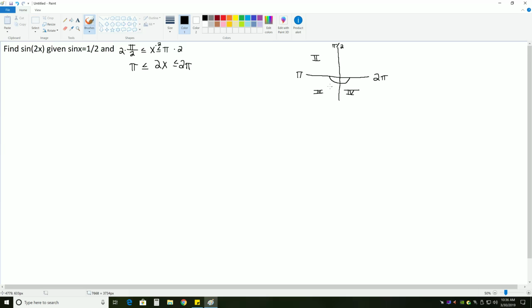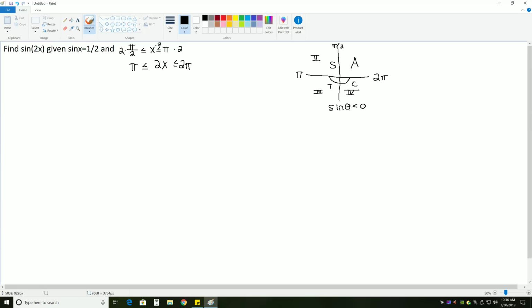Now, what do we know about sine in quadrant 3 and quadrant 4? We know that sine of any angle theta is less than 0 when we're in quadrants 3 and 4. Remember, that comes from our ASTC, or All Students Take Calculus.